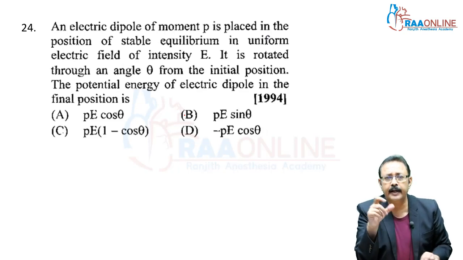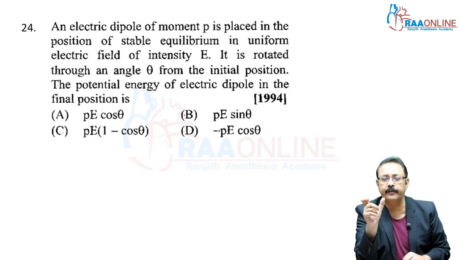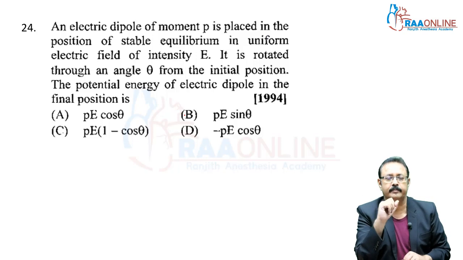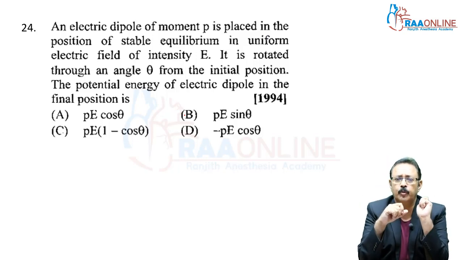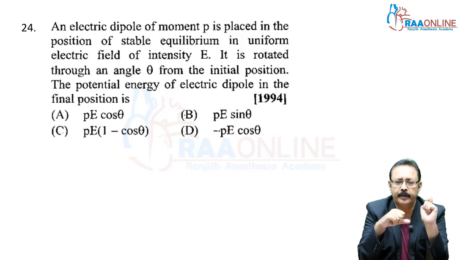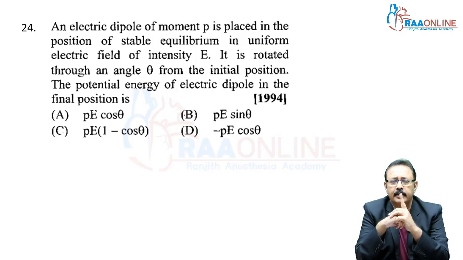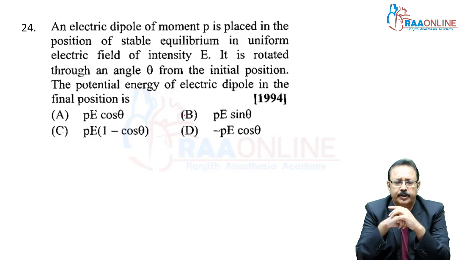Next, it is from 1994 AIPMT. An electric dipole of moment P is placed in the position of stable equilibrium in a uniform electric field of intensity E. It is rotated through an angle theta from the initial position.